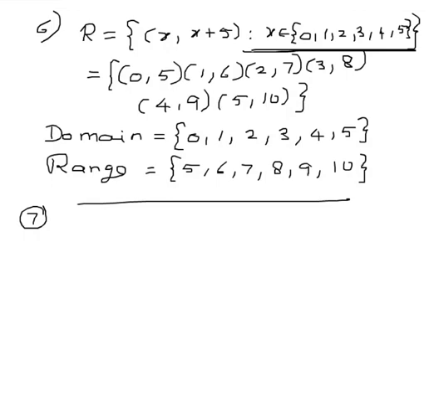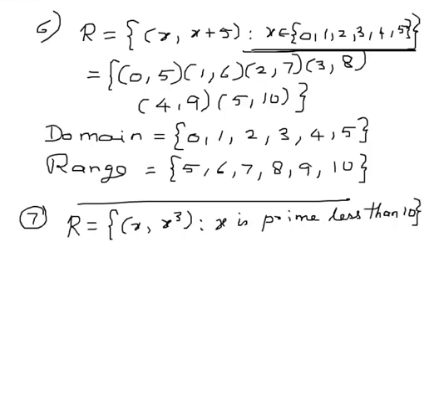Question 7. Write the relation R, set of all x comma x cube such that x is a prime number less than 10, in roster form.